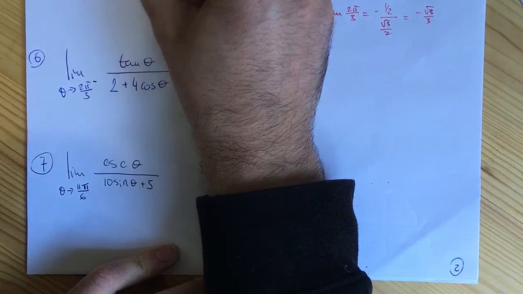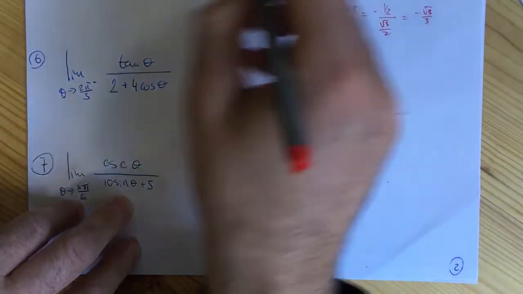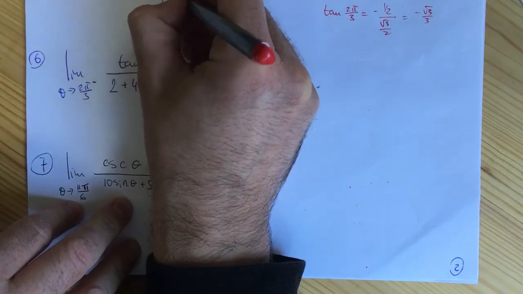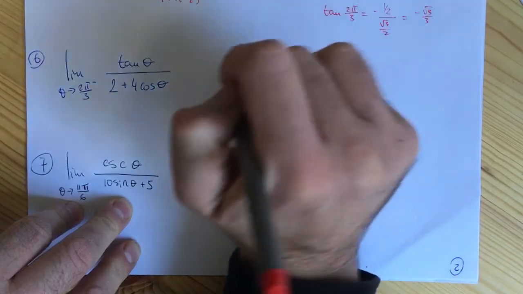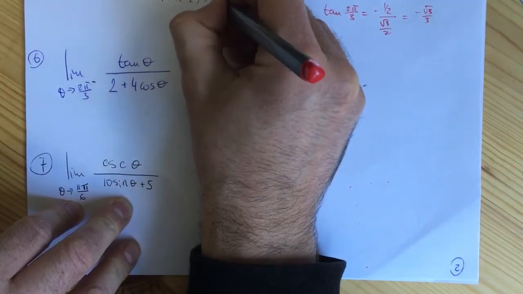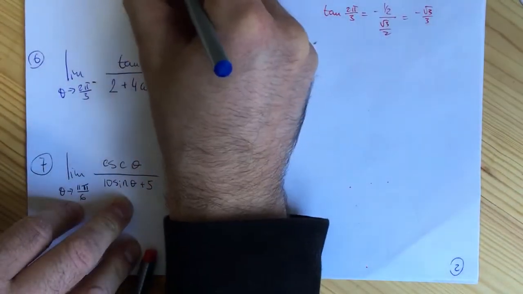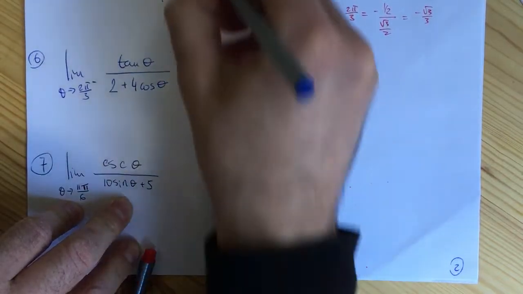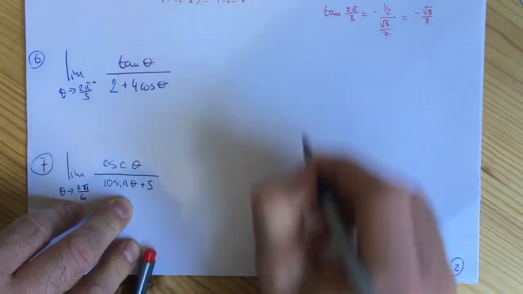The numerator goes to negative square root of 3 over 3. The denominator, on the other hand, goes to 4 plus 4 times negative 1/2, because cosine of 2 pi over 3 I can read here, which is 4 plus 2, which is equal to 6. So this limit is negative square root of 3 over 3 over 6, and that's negative square root of 3 over 18.